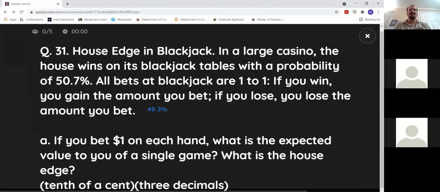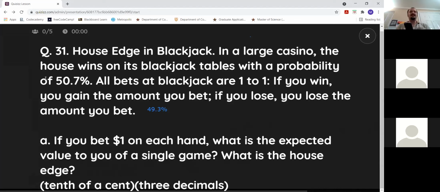And so if you bet $1 on each hand, what is the expected value to you on a single game? They round it to 3 decimal places. It is a money amount, 1/10 of a cent, I guess is what they're doing. But it should be an exact amount, I think is why they're doing it.